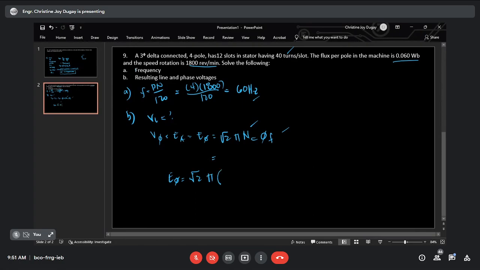N natin, what is the value of N? 40. Tama? Yes, ma'am. 40 turns. And then multiply natin siya sa flux, which is 0.060 Weber times frequency, which is 60 Hertz. So what is now the value of E phase?